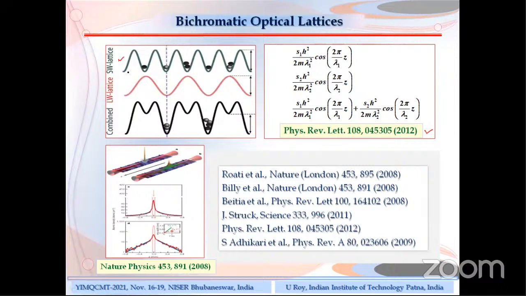You have a short wavelength and a long wavelength lattice. So there are two optical lattices, but when you combine them, you see that something interesting happens. You have some positions where you have disordered places, and this place is sometimes called a frustrated position, sometimes called a disordered position. They actually have quasi-periodicity when you combine two optical lattices.